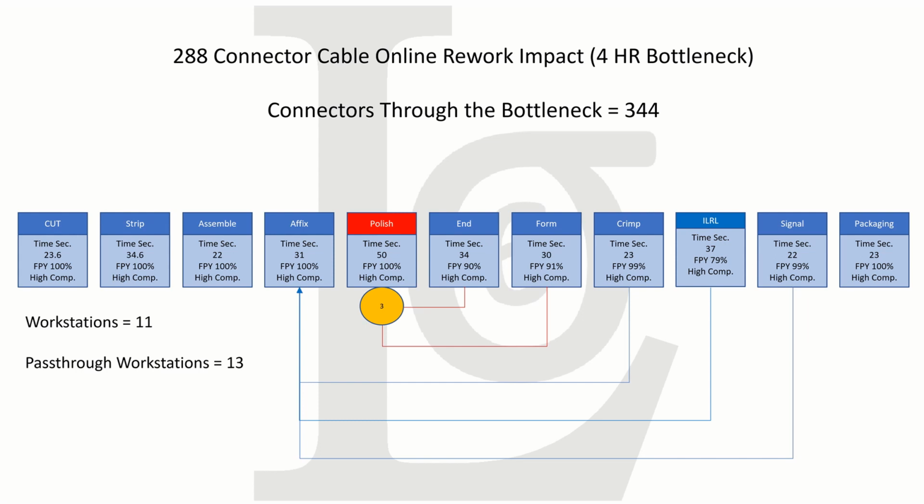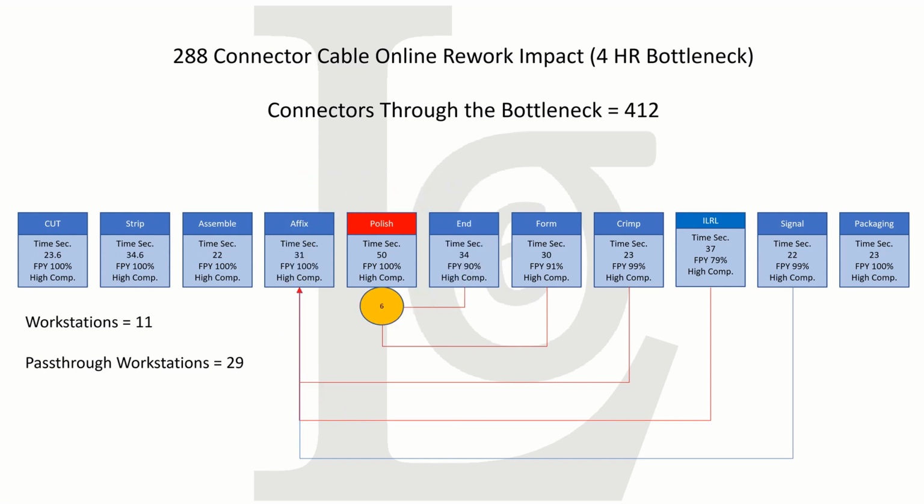Keep an eye on the number of pass-through workstations, and then also keep an eye on the connectors going through the bottleneck. There's 4 insertions in the line, 5 insertions, 6 insertions, 7 insertions.